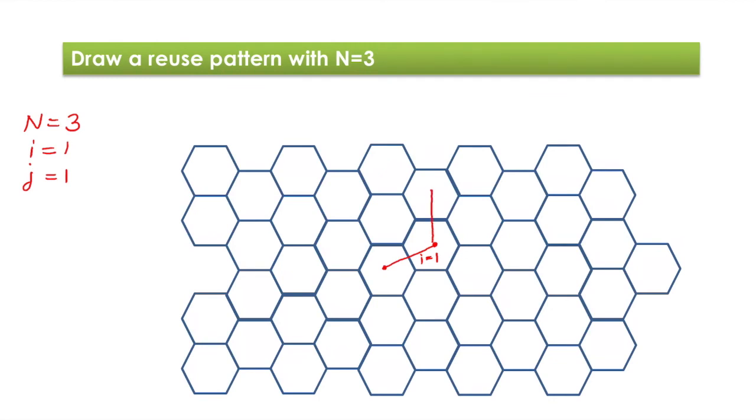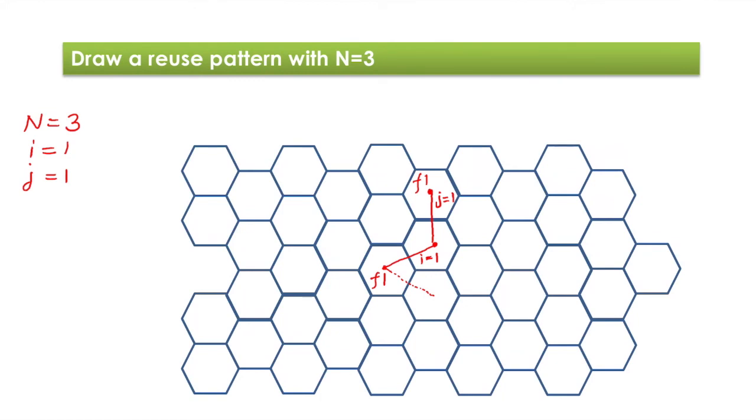So this move will represent j equal to 1. If we place a frequency f1 in this particular cell, then we can repeat that frequency f1 in this cell. Similarly, we can continue along the other sides of the hexagonal cell.